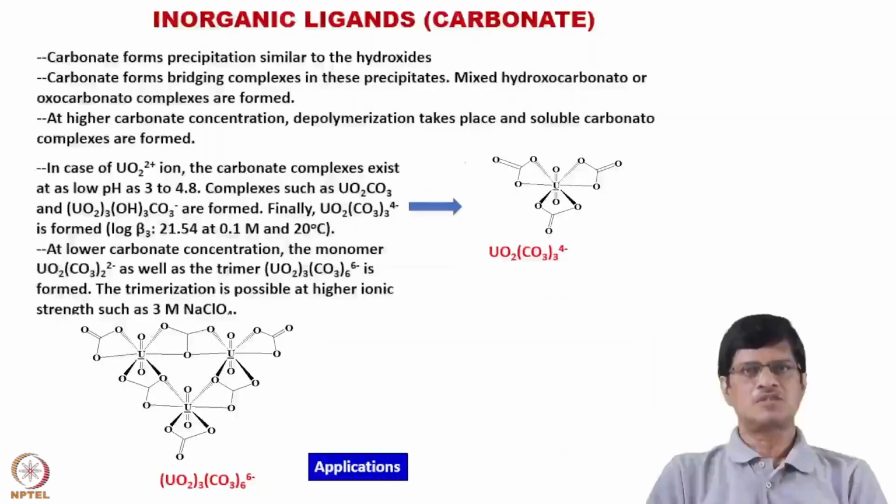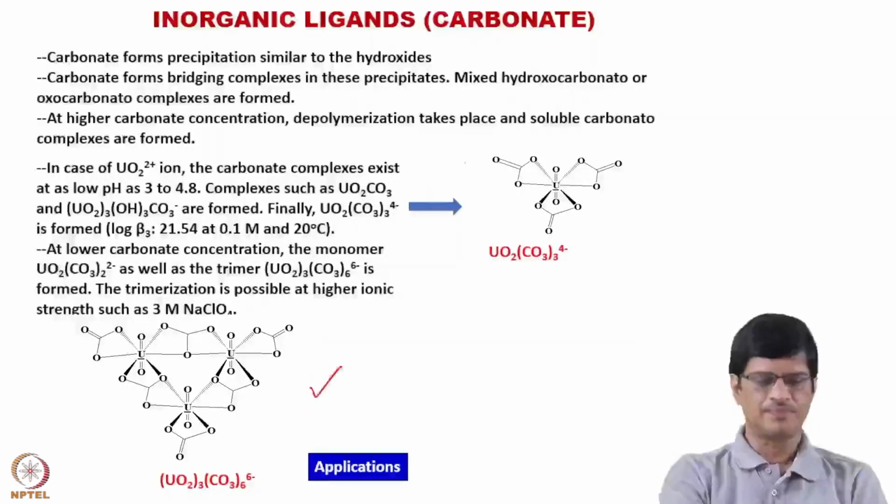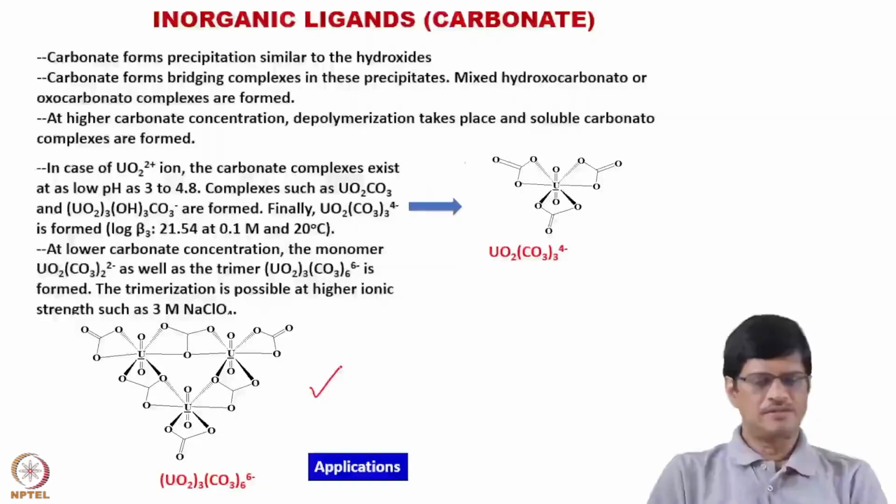Now the structure of this trimeric carbonate species is given here. You can see that three carbonates are independently coordinating to the uranyl ions. So they are binding to the uranium atom in the equatorial plane in a bidentate manner, while three other carbonates are forming bridging complexes.